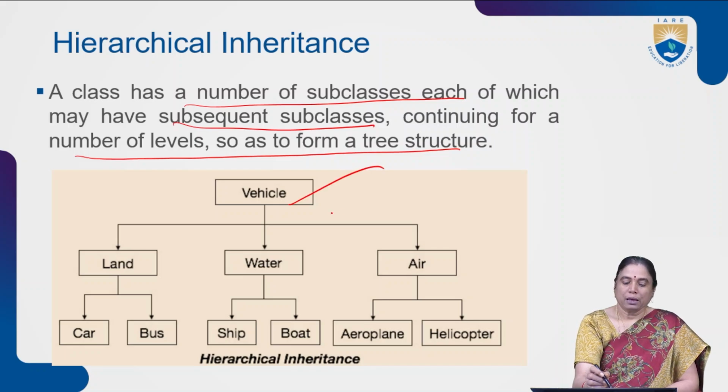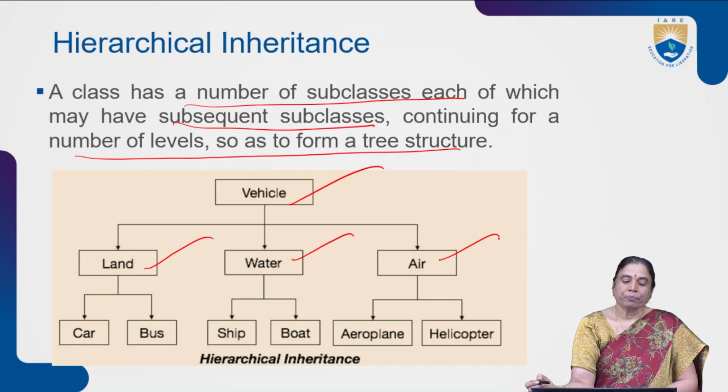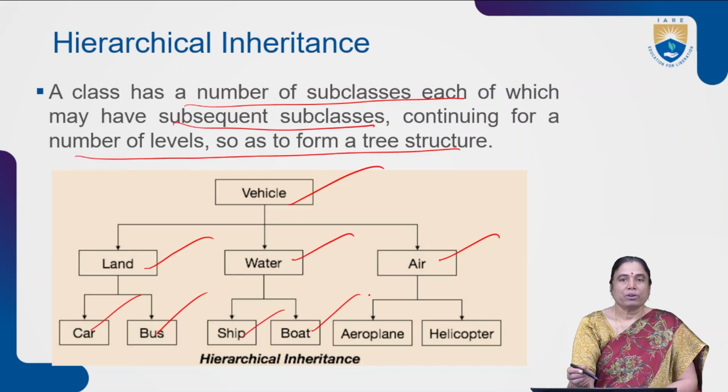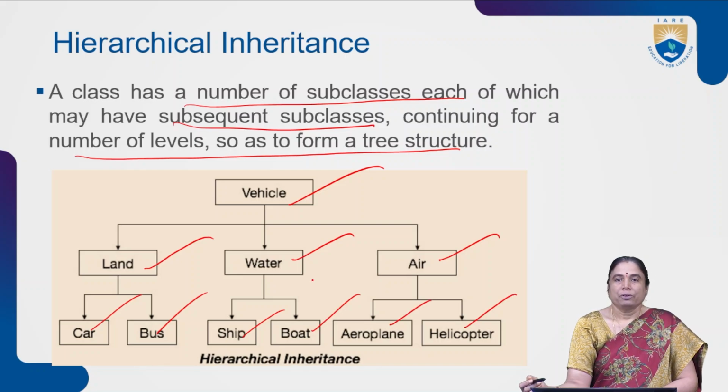From the superclass, three derived classes exist: land, water and air. From these derived classes, one more level of subclasses is derived: from the land, car and bus; from the water, ship and boat; from the air, aeroplane and helicopter. This forms a tree structure. So this type of inheritance is called hierarchical inheritance.